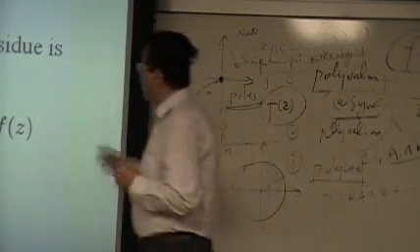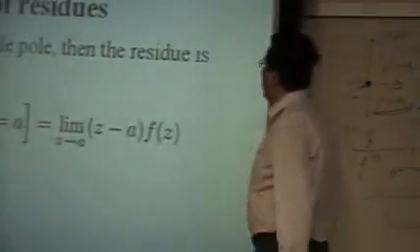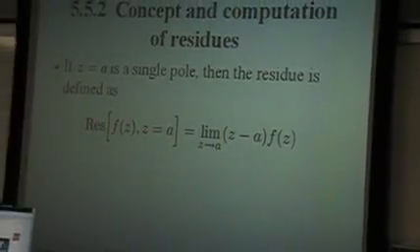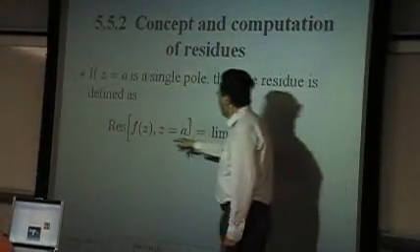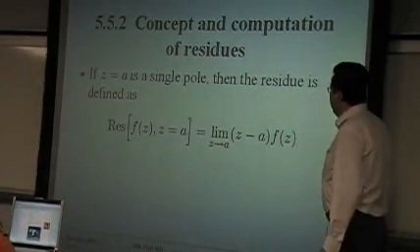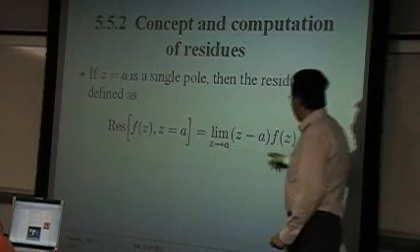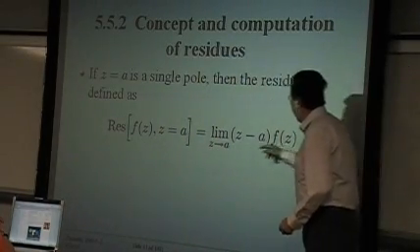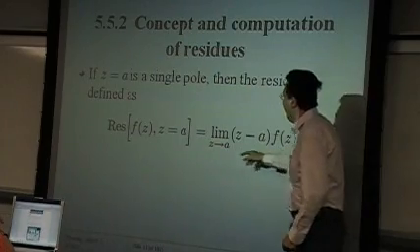So we have to define what the residues of the functions are. Suppose a is a singular point or a pole of the function. Then we can introduce a limit like this to find another value for the function at the point that equals a.